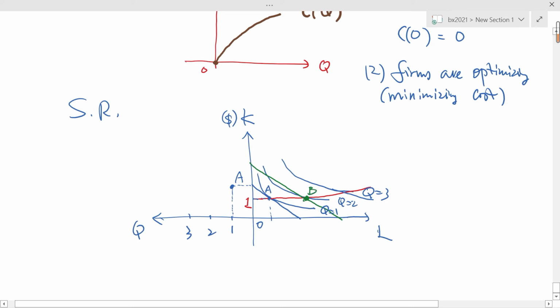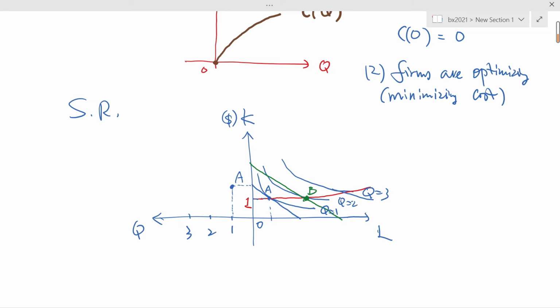Now you want to compare this situation with the long run situation, because in the short run capital is fixed. Clearly, in the long run you should do better, because you are able to adjust capital, so the total cost in the long run will be smaller.